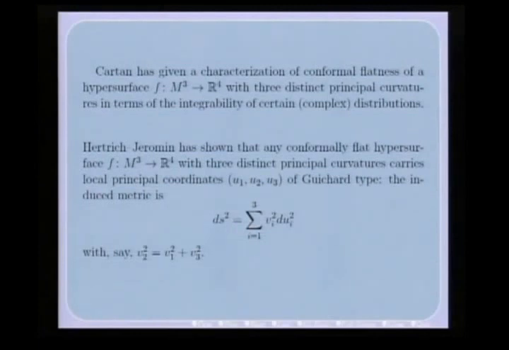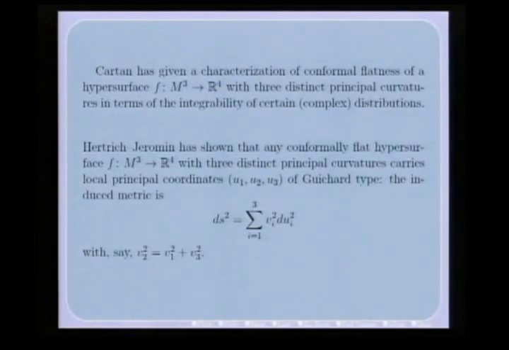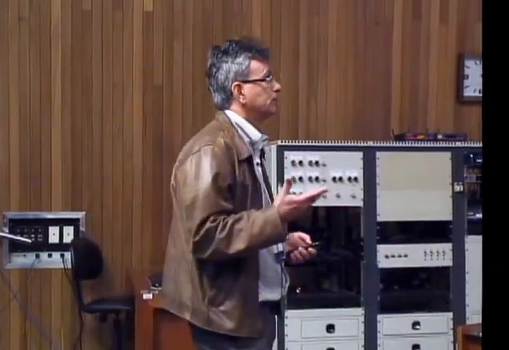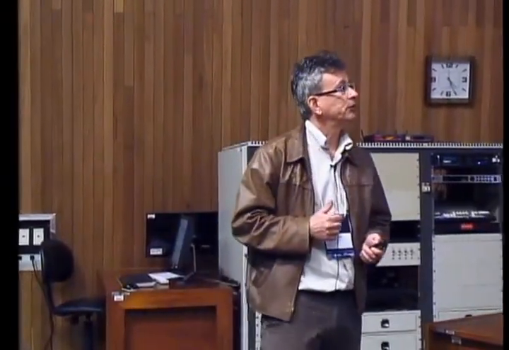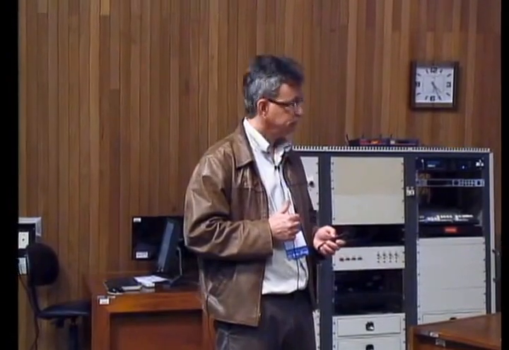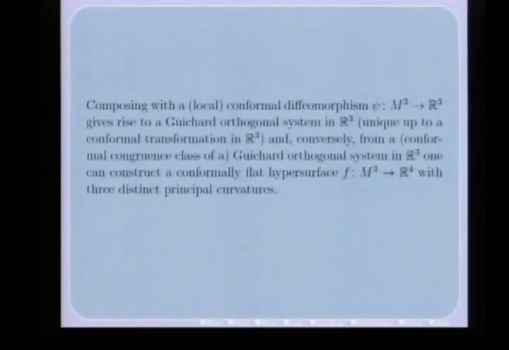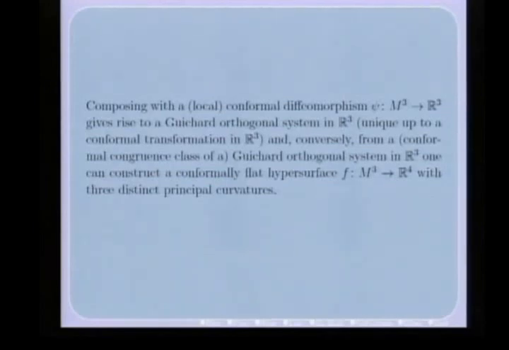But he did not prove that conformally flat hypersurfaces with three distinct principal curvatures are characterized in this way. And neither gave additional conditions which would imply that the converse is true. What he did was something else.